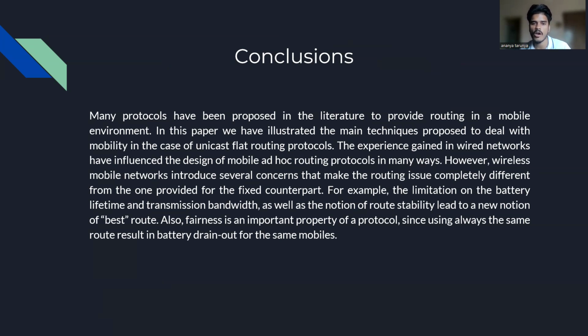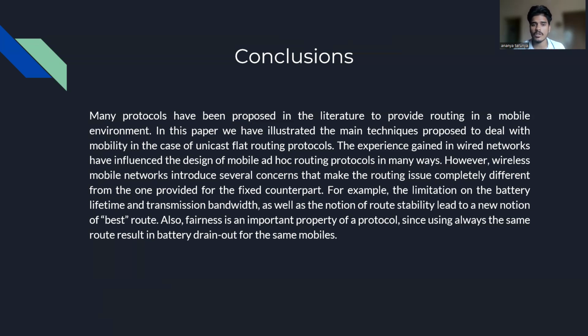Many protocols have been proposed in the literature to provide routing in a mobile environment. In the paper, we have illustrated the main techniques proposed to deal with mobility in the case of unicast routing protocols. The experience gained in wired networks has influenced the design of mobile ad hoc routing protocols in many ways.